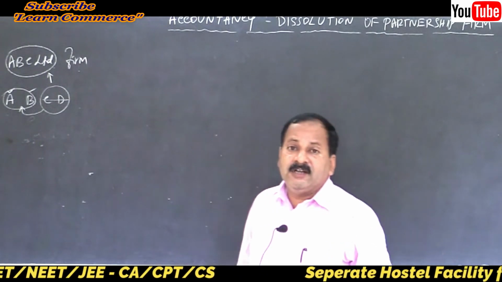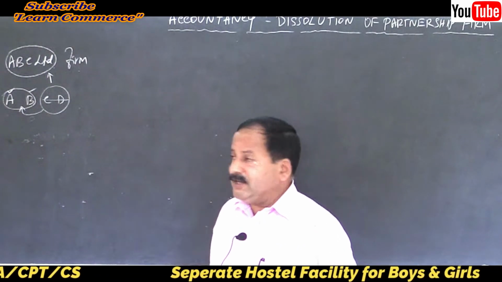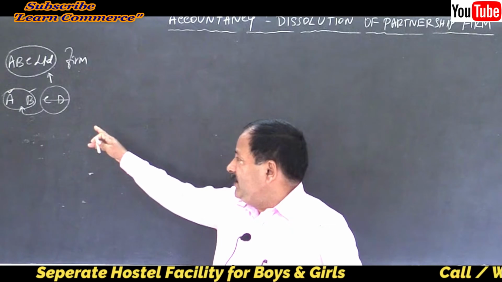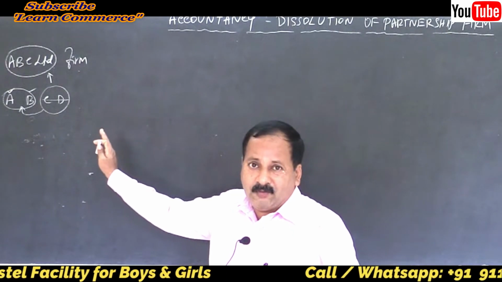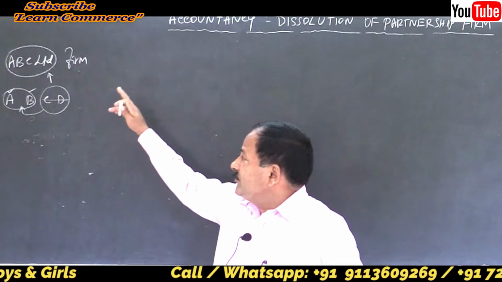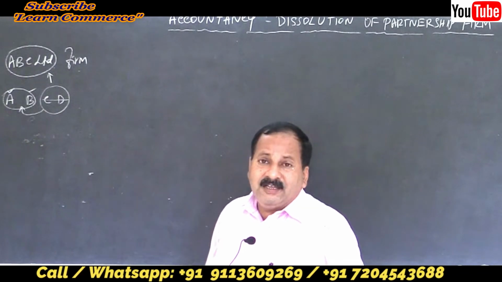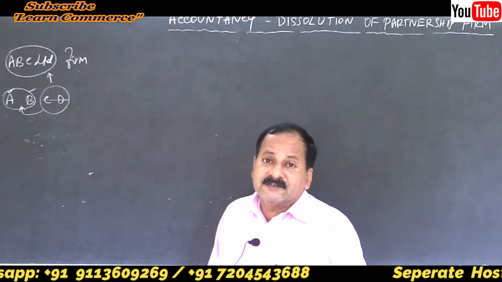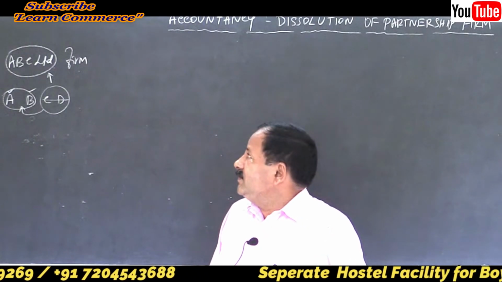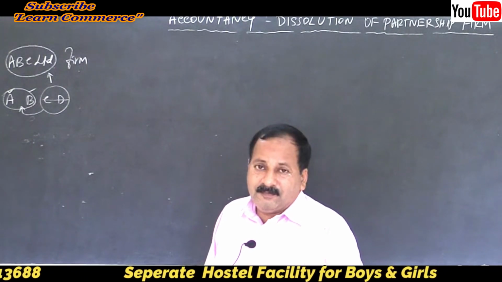Here the relation between AB and CD gets dissolved, closed, and the relation between ABC Limited and the partners C and D gets closed. So this is called dissolution of partnership.